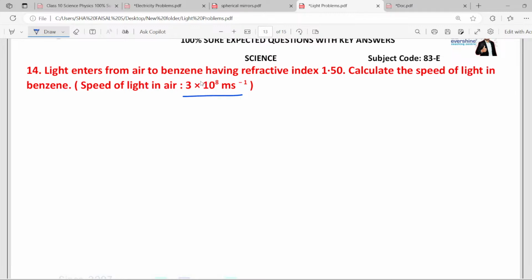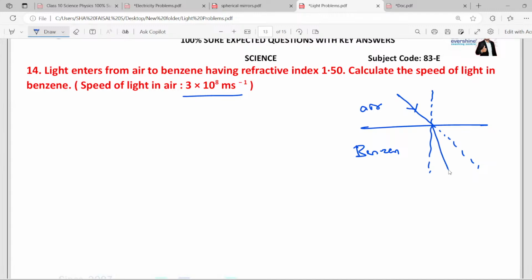Now, light enters from air to benzene. So, let me say this is the air medium and this is the benzene medium. So, light is entering from air and let me say this is a normal, and instead of going like this, it is entering the benzene.